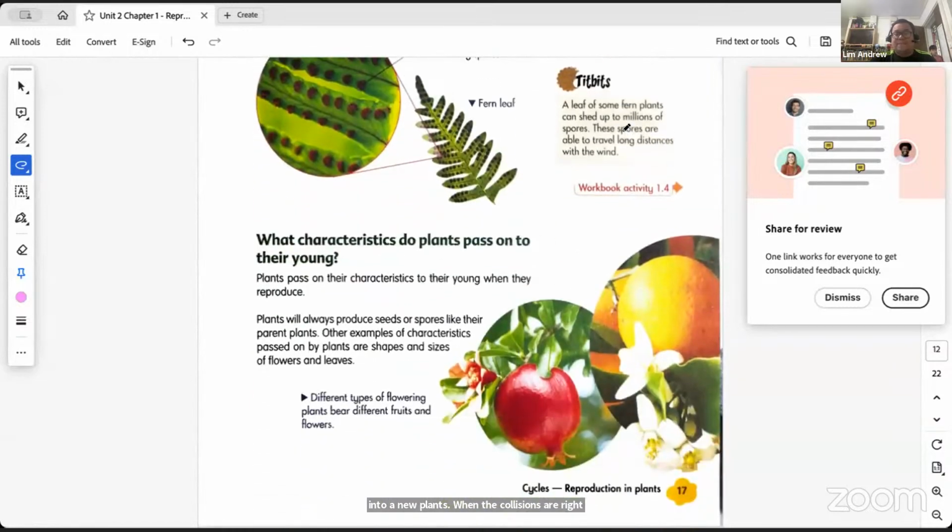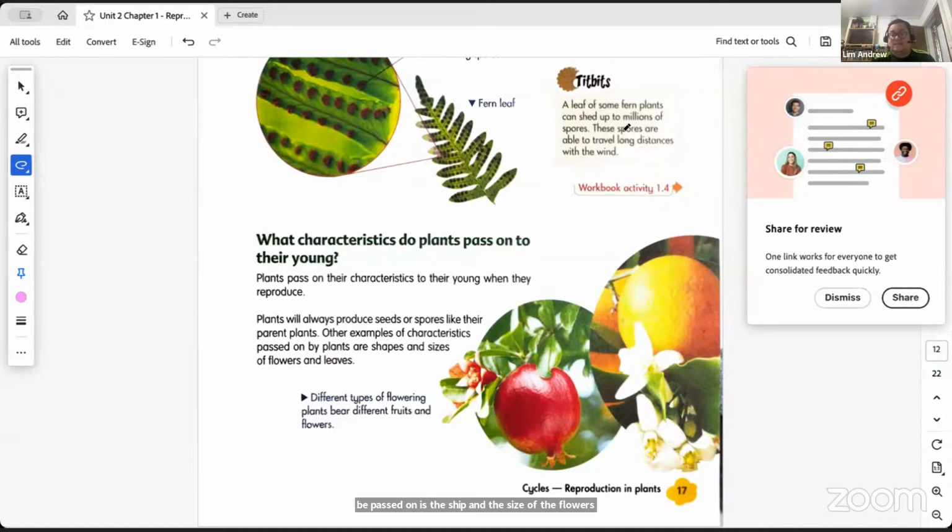So let's come to the main section of the chapter. What characteristics do plants pass on to the young? Every adult will pass on its characteristics to the young when they reproduce, the same as plants. Plants always produce seeds or spores like their parent plants. One example of a characteristic that is passed on is the shape and size of the flowers and leaves.